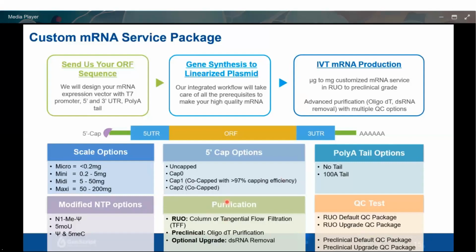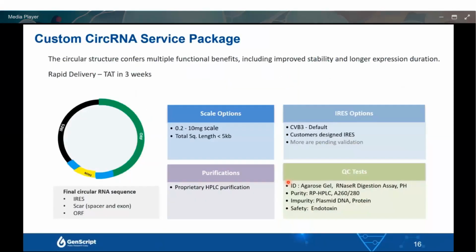Here shows you what options we provide for the key parts of mRNA production. For the circular RNA service package, you can see the options, and we have very fast delivery. The turnaround time is within 3 weeks.